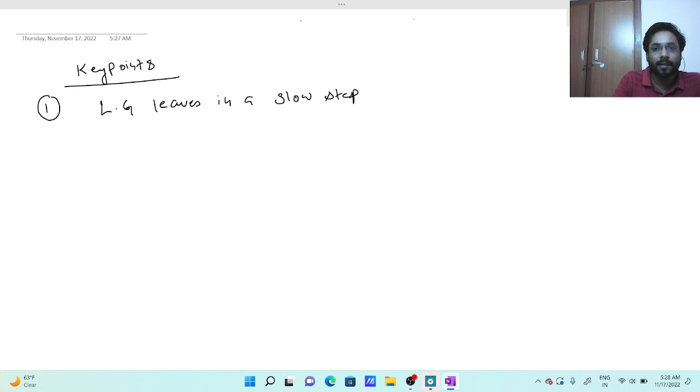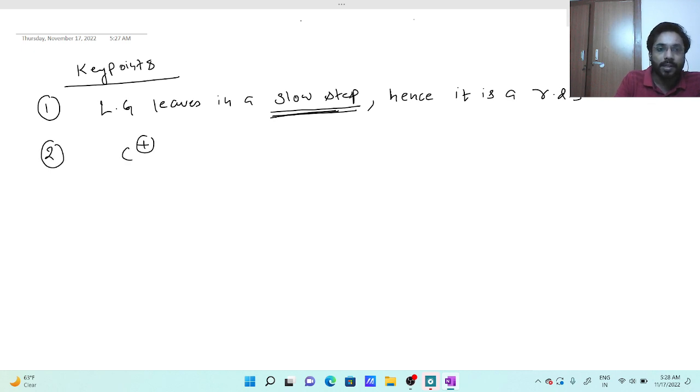Okay, I am highlighting this. The leaving group leaves in a slow step. Fine. Hence, it is a rate determining step. This is the first point. Second, a carbocationic intermediate is formed.